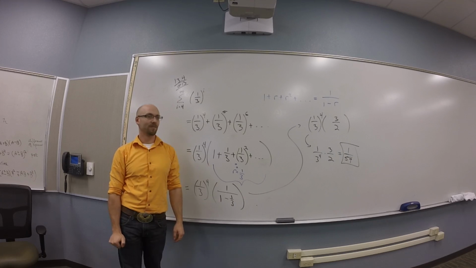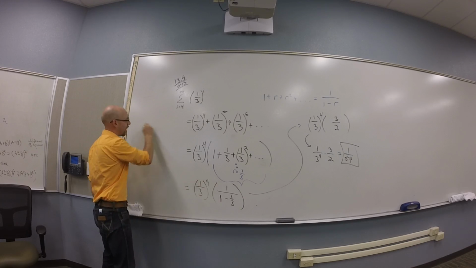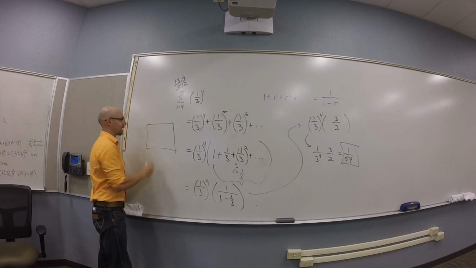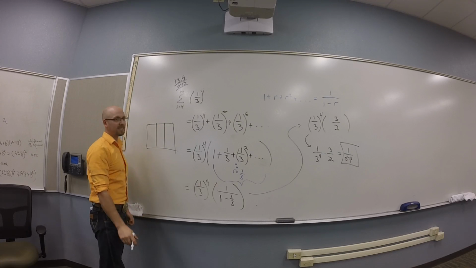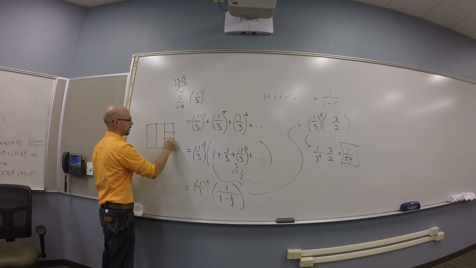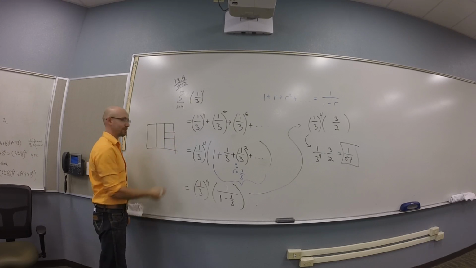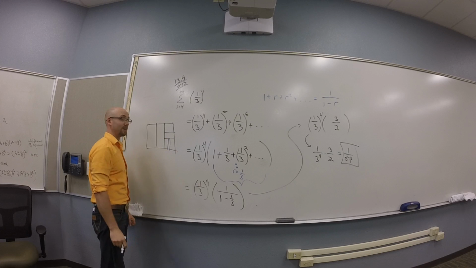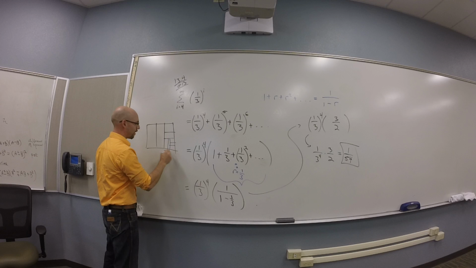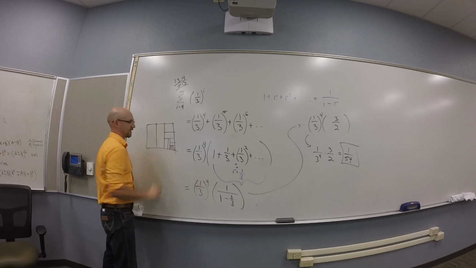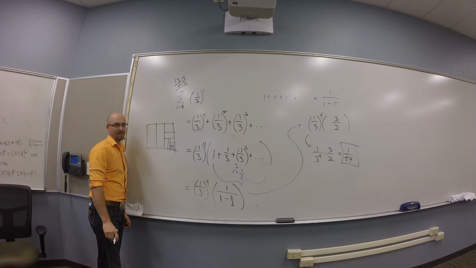You guys see that? So that's like I started with a box, right? And I cut it into thirds, and then I didn't use any of those. And I cut one of those thirds into thirds, and I didn't use any of those. And I cut those thirds into thirds, and I didn't use any of those. And now I get to use one of these, right?